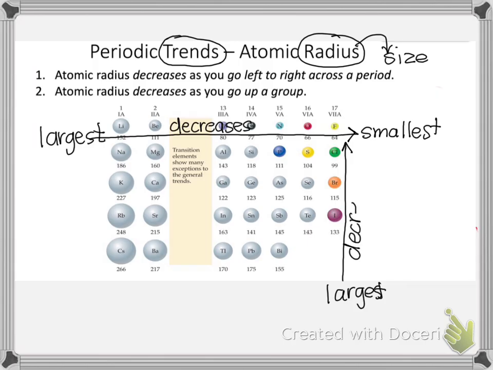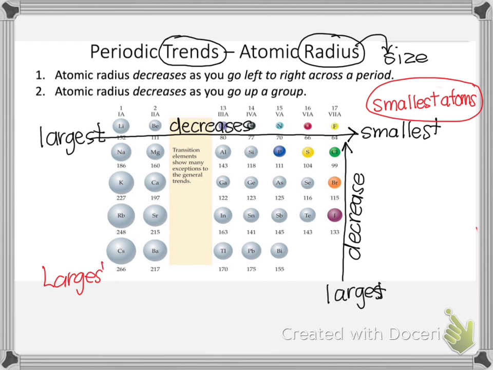And so the size of the atom decreases as you go up a group. So a generalization is that on the periodic table, we have the smallest of the atoms in the upper right-hand corner and the largest of the atoms in the lower left-hand corner.